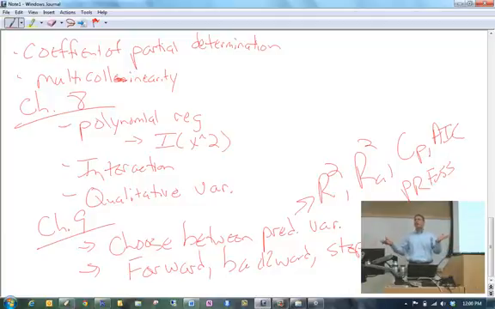Which variable do we include in our model first? So I can have you step through it without necessarily using R. So make sure that you're familiar with how to do these particular methods.